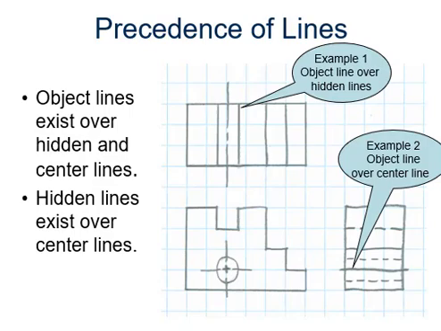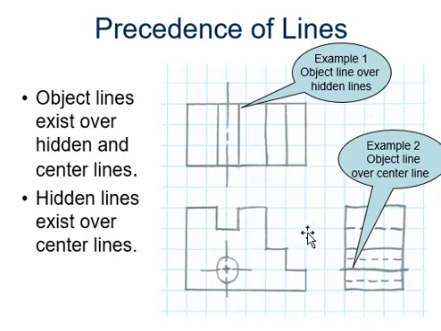When drawing lines, there is such a thing as precedence of lines. Object lines exist over hidden and center lines. Object lines are the edges of the object, and hidden lines are edges that are hidden behind.